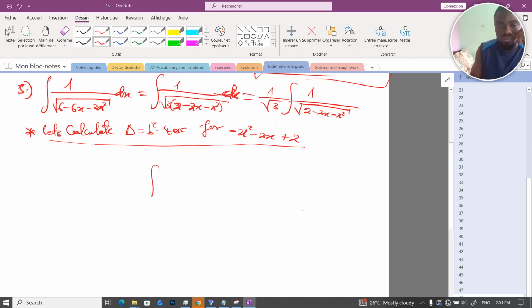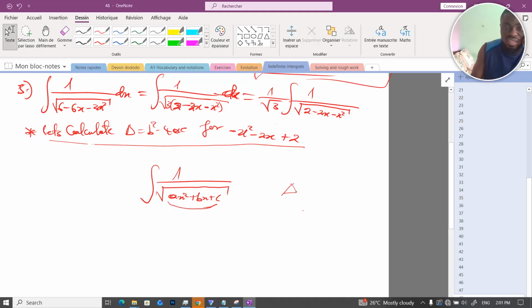Whenever you are asked to integrate 1 all over the square root of ax squared plus bx plus c, this is the secret on what you are going to do. Complete the square. Don't even calculate delta.